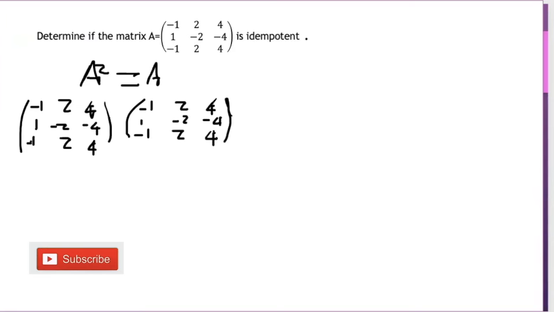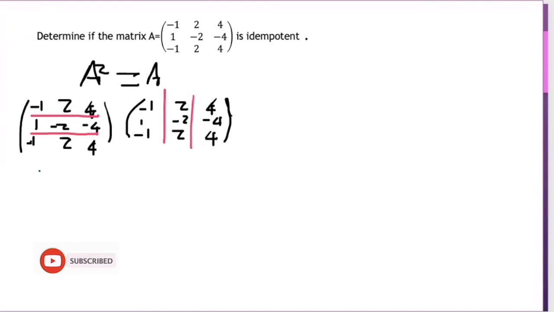So now all I need to do is just multiply. When I multiply, we multiply row by column. So I will divide the first matrix into 3 rows and the second matrix into 3 columns. So multiplying this, let's go ahead and do this. I'm going to say the first row times the first column.